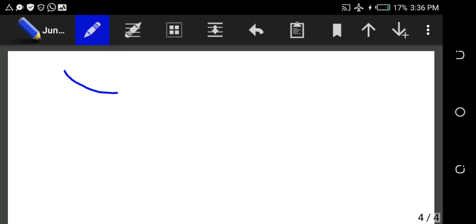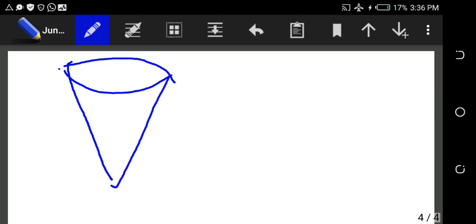Let me make the drawing. So we have this frustum. We have this complete cone wherein we have a frustum halfway, such that the height of the total cone is 10 cm.